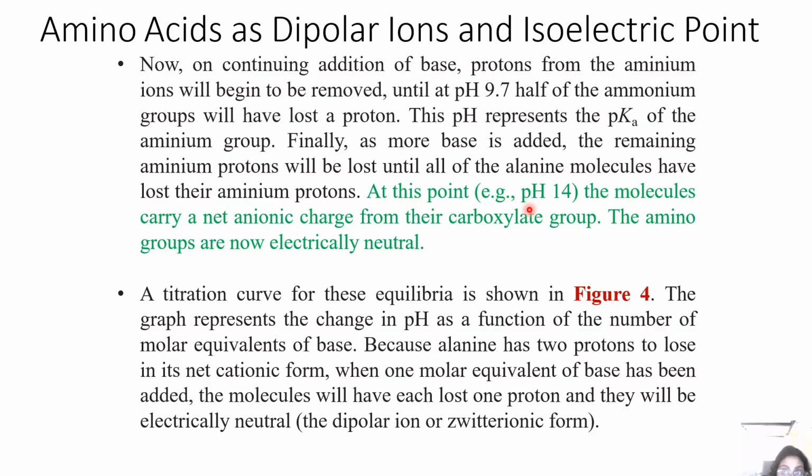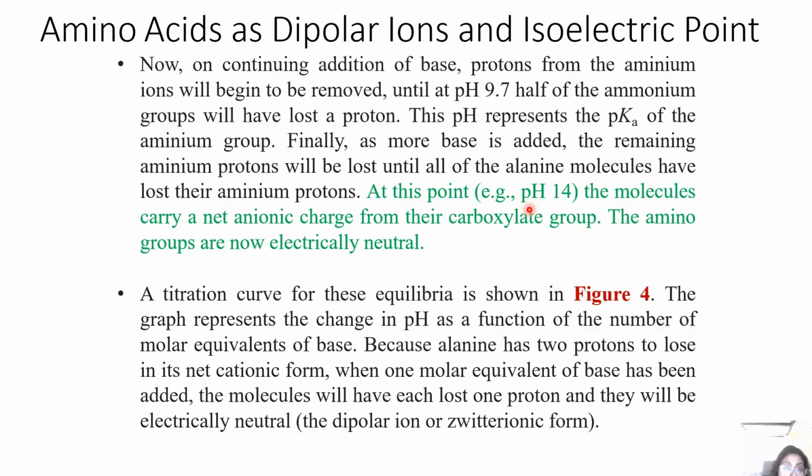Finally, as more base is added, the remaining aminium protons will be lost until all of the alanine molecules have lost their aminium protons. At this point, the molecules carry a net anionic charge from the carboxylate group, and the amino groups are now electrically neutral. A titration curve for this equilibrium is shown in the next figure.